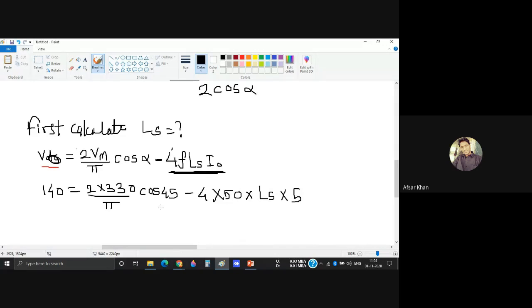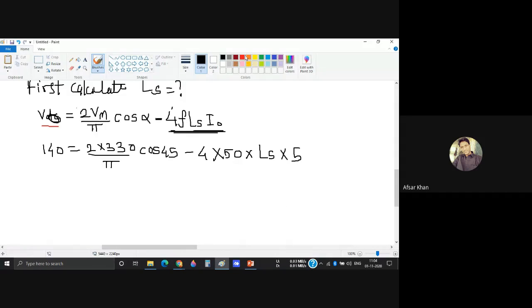Just tell me the value of this LS. Calculate this LS. How much is this LS? Sir, 8.5 into 10 to the power minus 3.